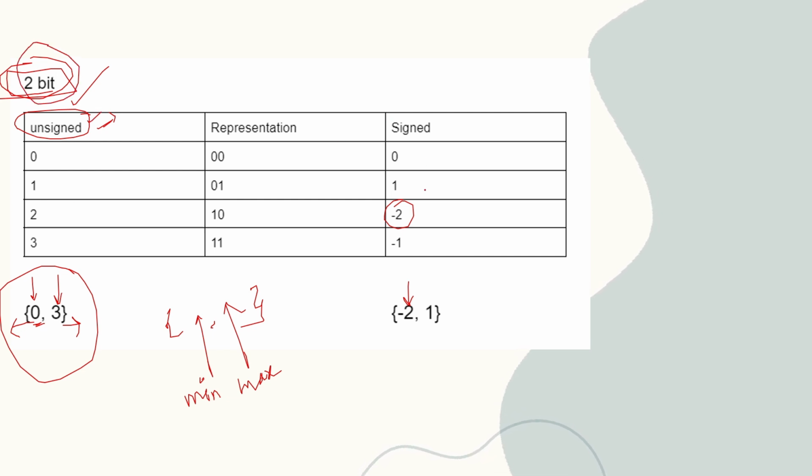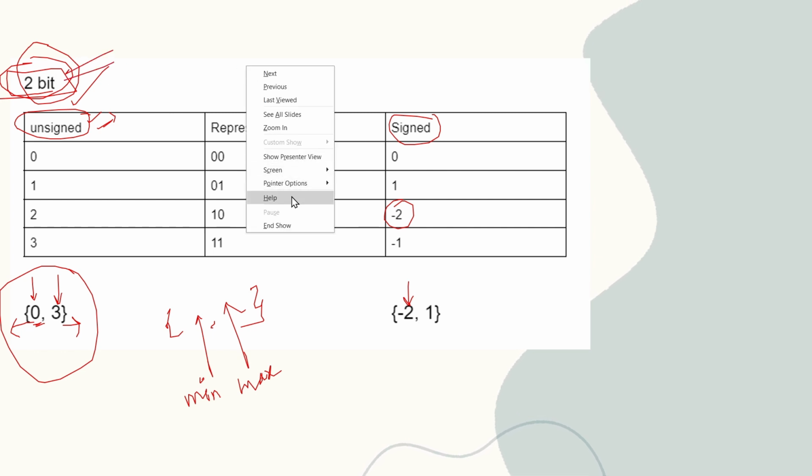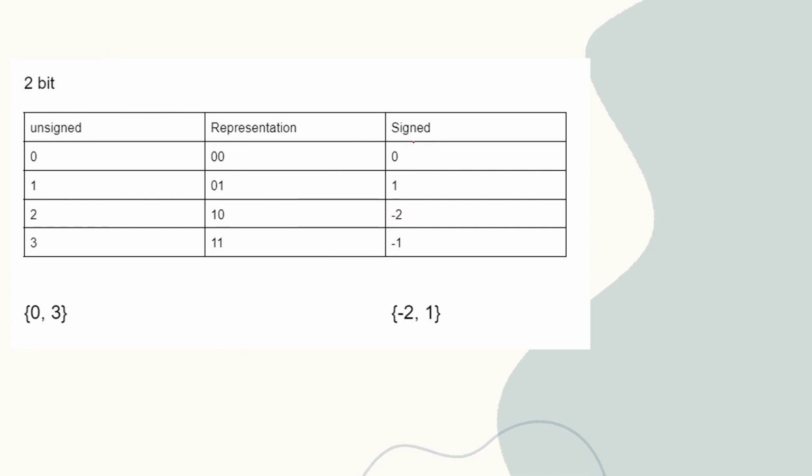Similarly, for a signed integer of a 2-bit representation, again I'm repeating, the minimum value is -2 and the maximum value is 1. That means, let's say at one point you have -2 and at another point you have 1.